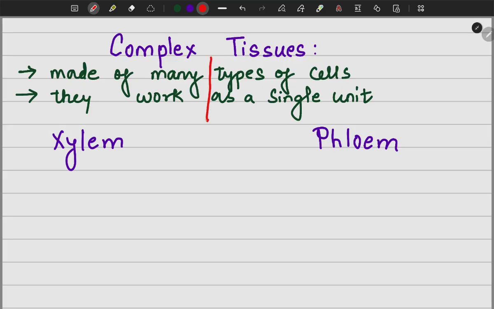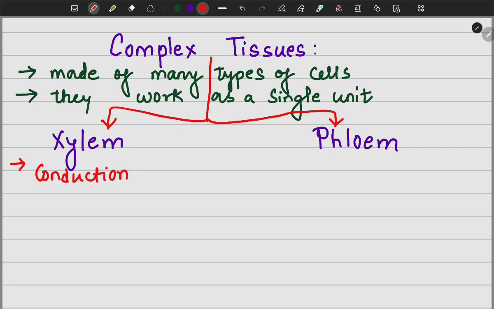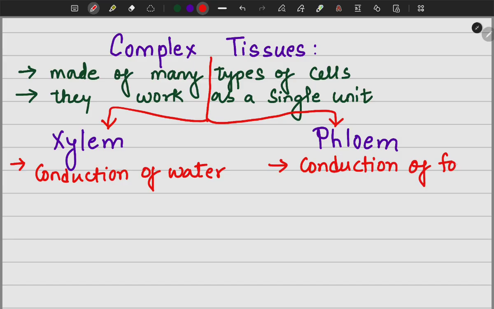Xylem is mainly responsible for conduction of water in plants, whereas phloem is mainly responsible for conduction of food materials. Two different parts of the plant.